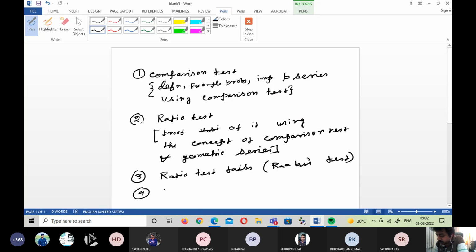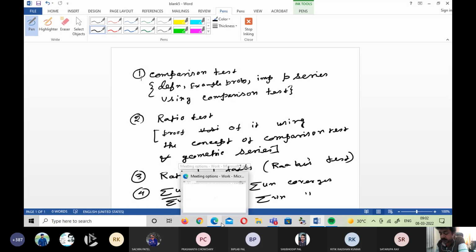Then we will discuss about capital sigma un by vn. Suppose it goes to a finite limit L. First of all, if un converges, then vn also converges. Similarly, vice versa, divergence also.